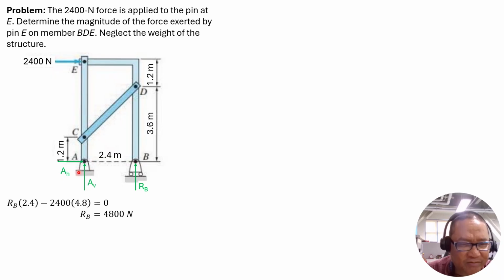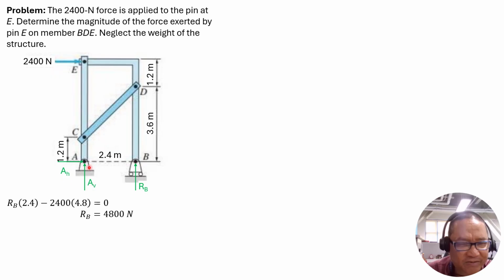Having found R sub B, if you need to solve for AH and AV, we can easily solve that, but it's not necessary. However, I put the values here so that those viewers and students whose analysis would be different from mine might use that. You may solve AH and AV if you want.